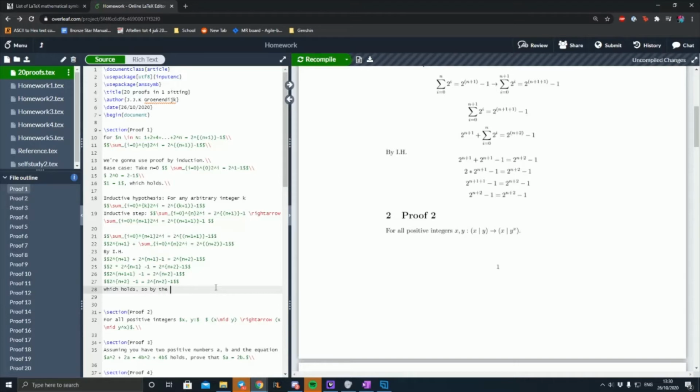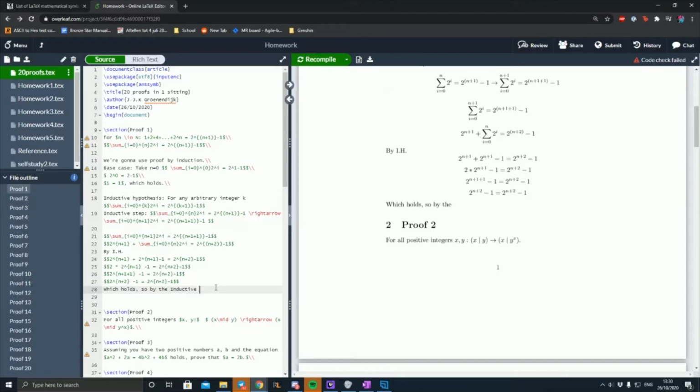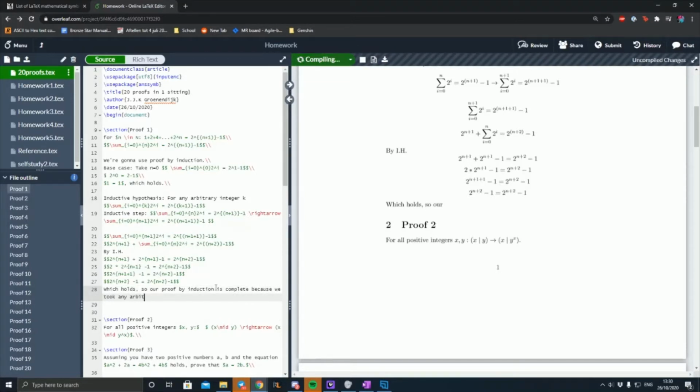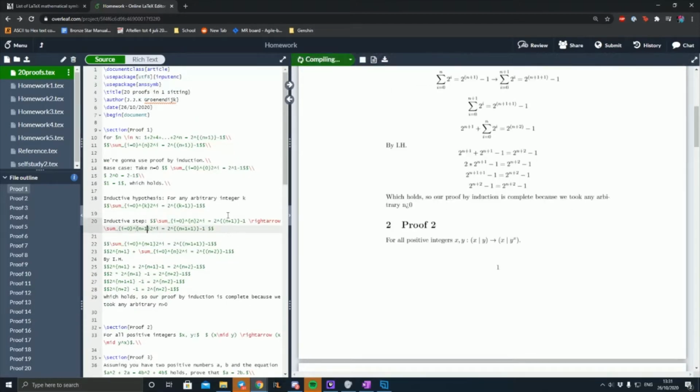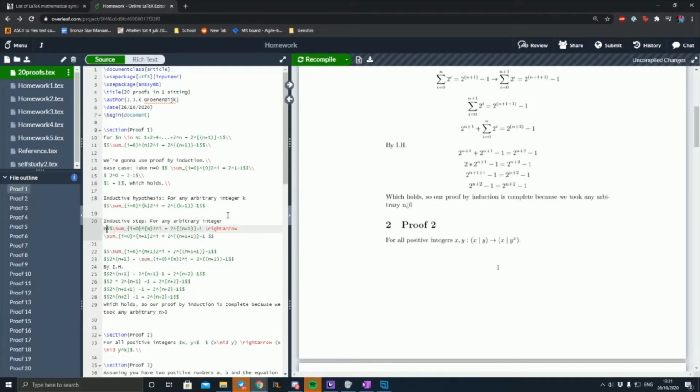So, by the inductive hypothesis, which holds, our proof by induction is complete because we took any arbitrary n greater than 0. I should actually write that down here in the induction text as well: for any arbitrary integer n greater than 0.